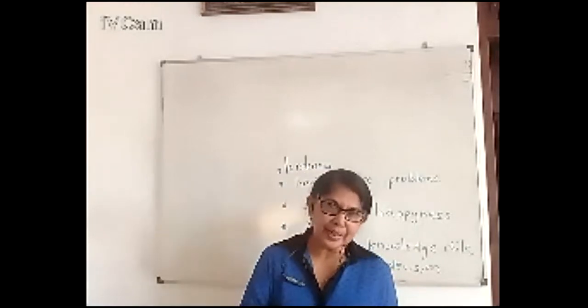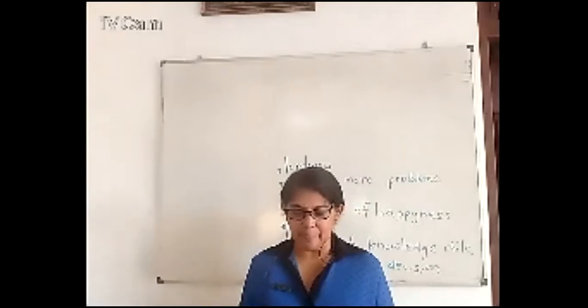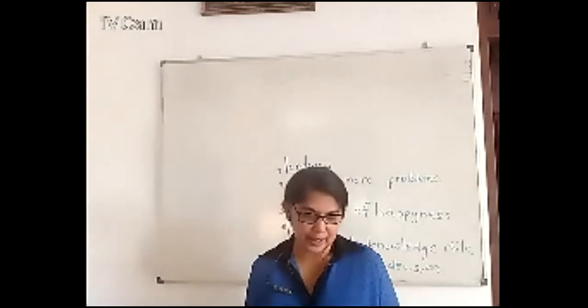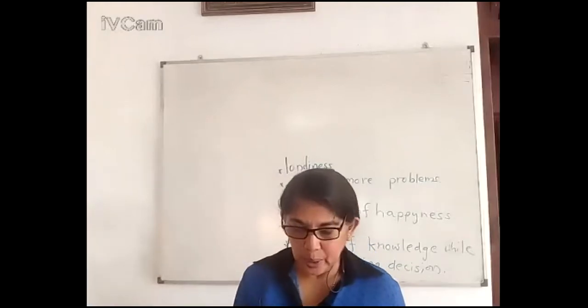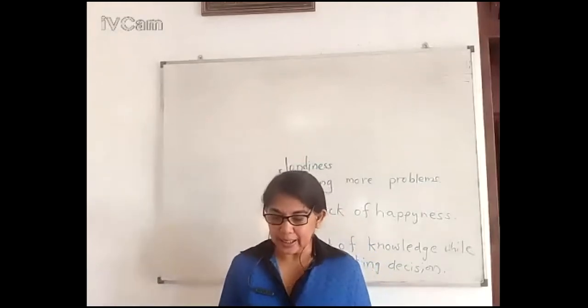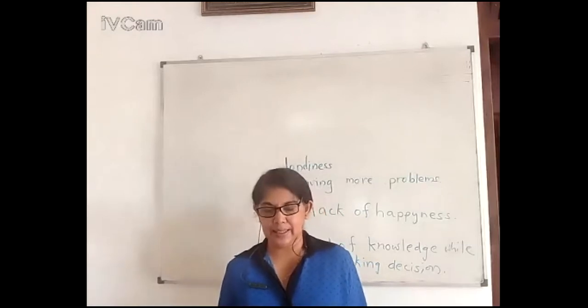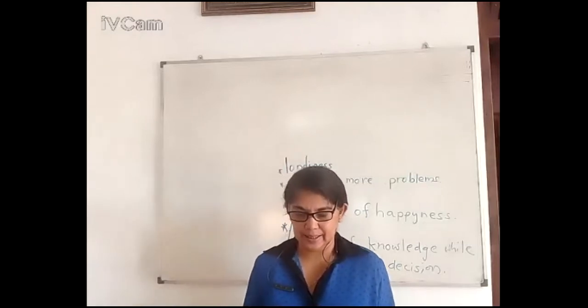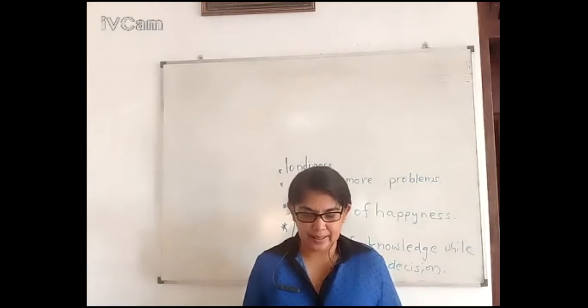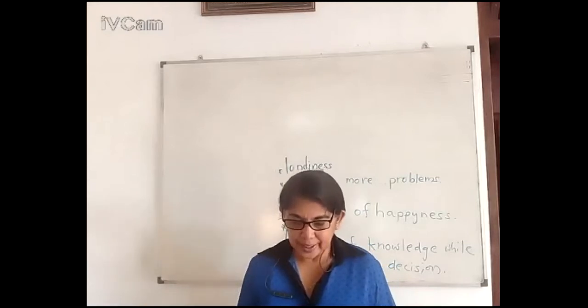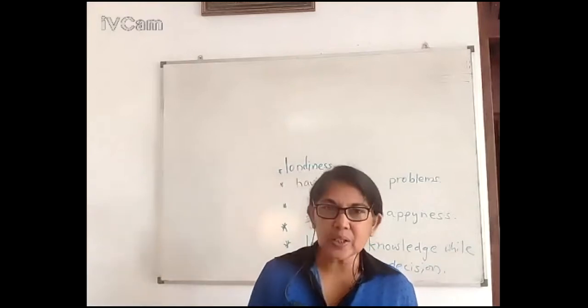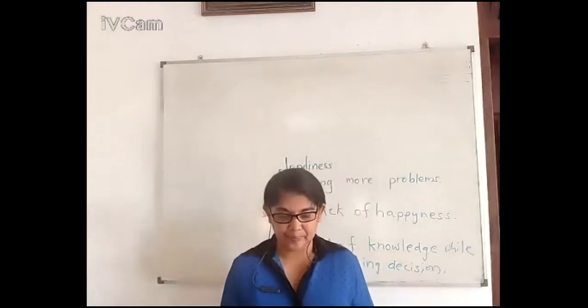So now you can easily write the name of the poem as well as the name of the poet. Section B: who are referred to as we in these lines? What type of relationship is there?